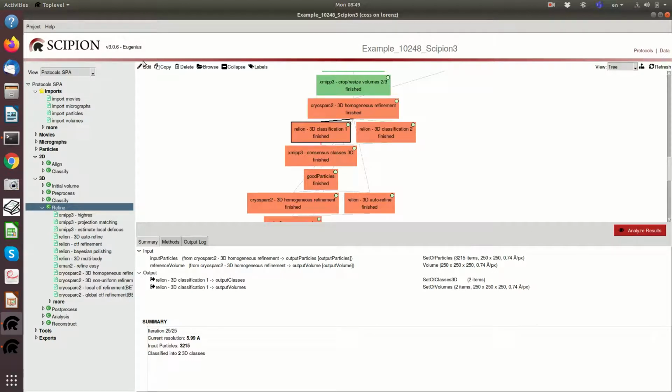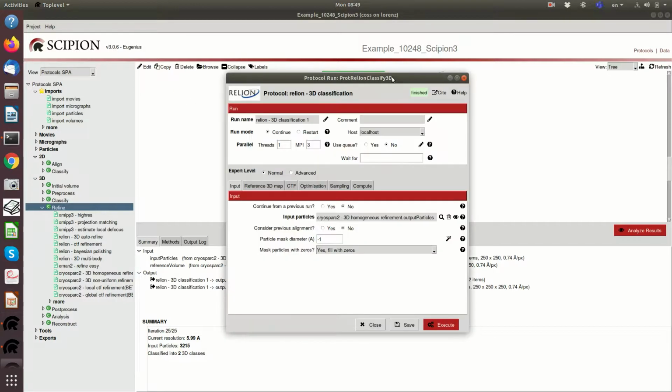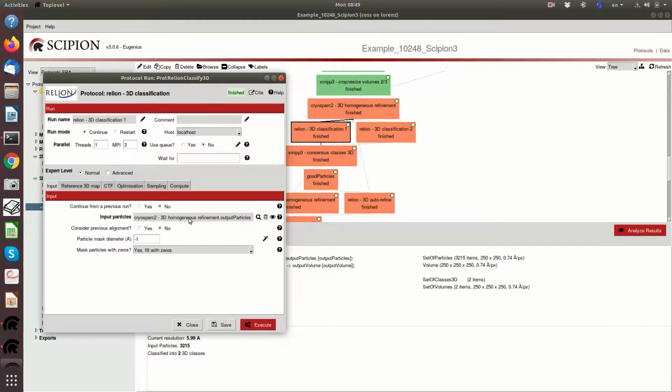For that, what we will do is a 3D classification, and we take the set of particles coming out from the previous step, and we will try to classify it.